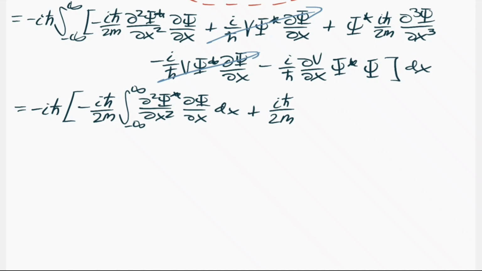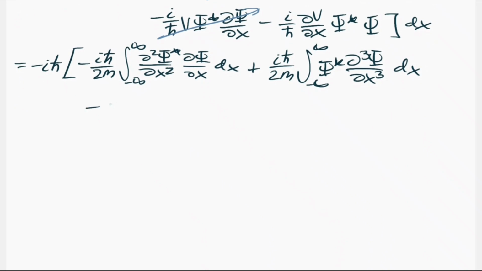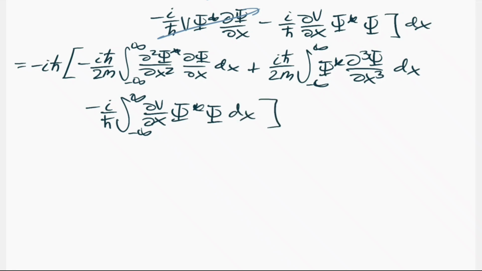So plus i h bar over 2m, integral from negative infinity to infinity of psi star d cubed psi dx cubed dx, minus i over h bar, that's our final constant term, integral from negative infinity to infinity dV/dx psi star psi dx. Close the big bracket.